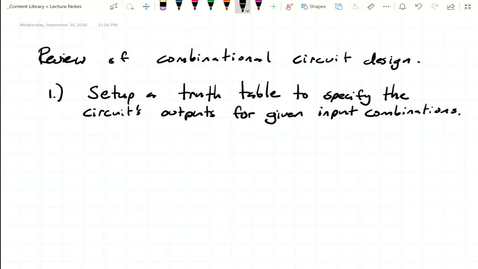Here we're basically saying you start by figuring out what it is that you want to do, right? We want to build a circuit that takes these inputs and gives these outputs. And we're going to define what those are by putting them all into a truth table.